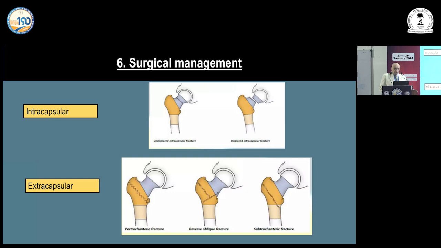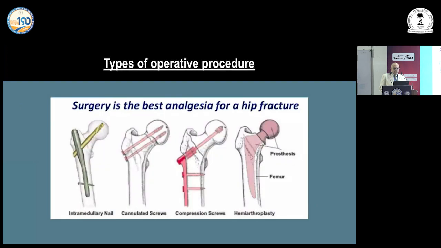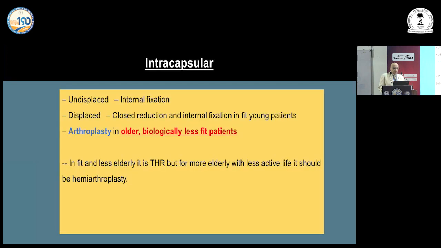This is a very common photograph. We all know the intracapsular and the extracapsular fractures of the proximal femur or the hip. These are the common surgeries: the proximal femoral nail, the CCS, the sliding hip screw or the DHS, and the replacement. The protocol is internal fixation in situ for the undisplaced fracture, and closed reduction and internal fixation for the displaced intracapsular fracture.